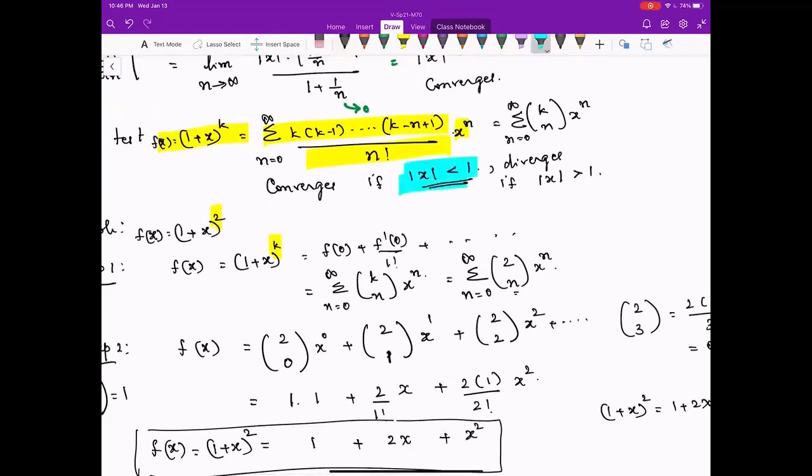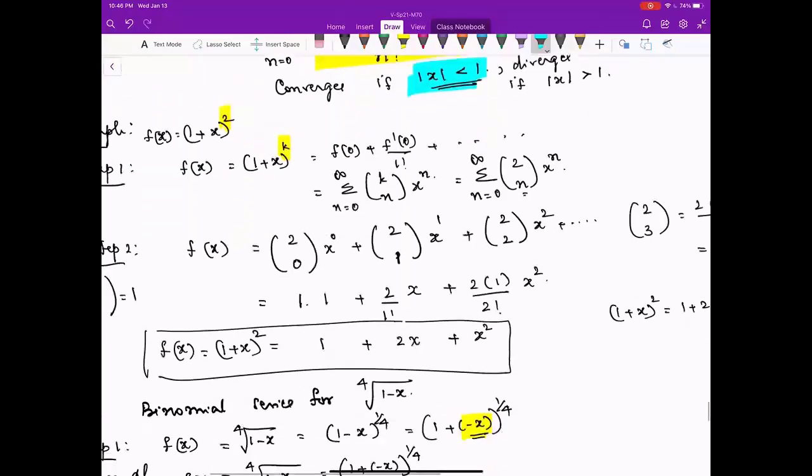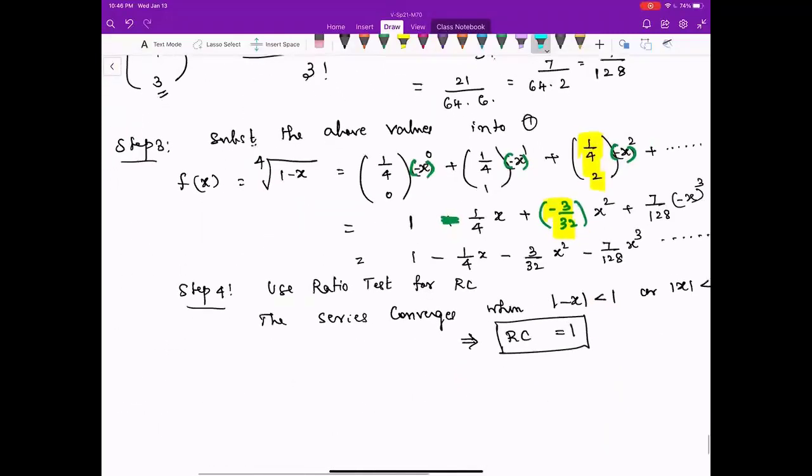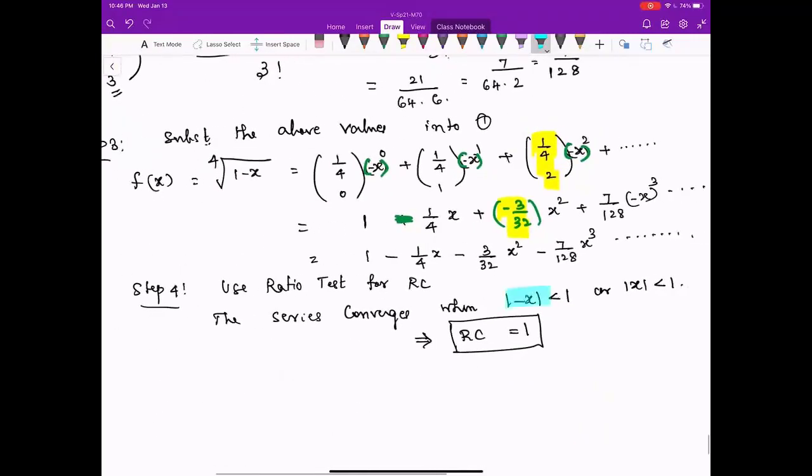For the series 1 plus x to the power k, here the x is replaced by negative x. So the series converges when absolute negative x is less than 1, or when absolute x is less than 1. So the radius of convergence for this binomial series is equal to 1.